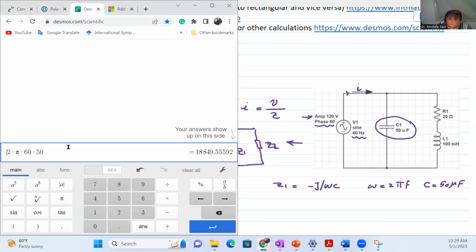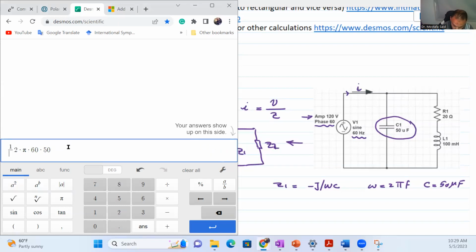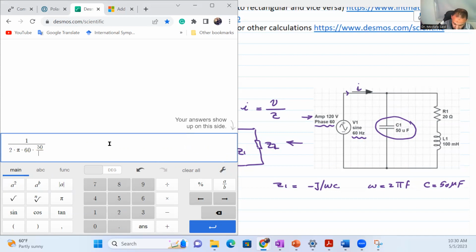Actually, we can do that this way. We can use 1 over, take all of that and put it here, and divide the 50 by 1 million, 6 zeros. Yeah, 53.052.